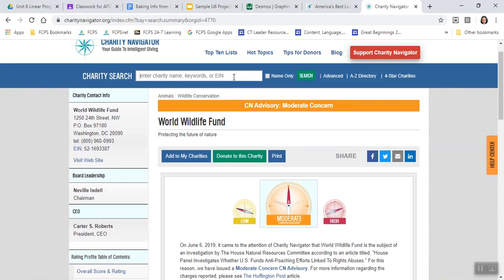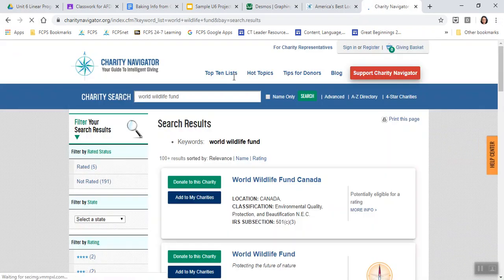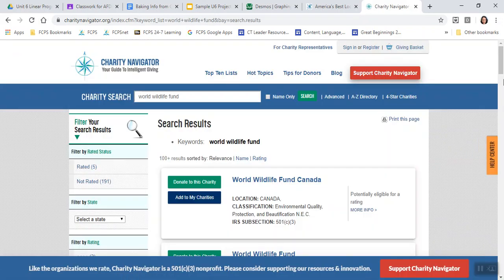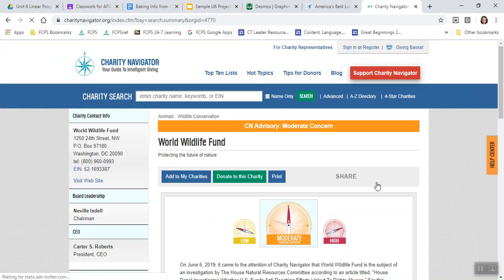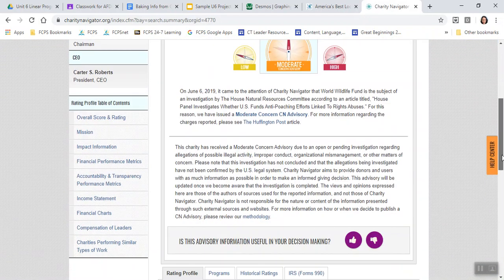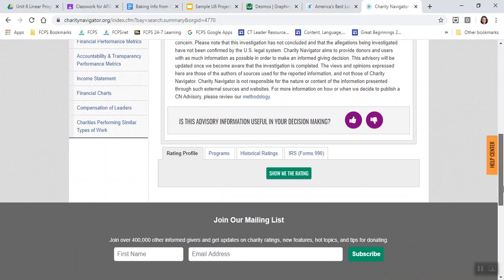So let me try that up here. World Wildlife Fund. Okay, so it gets 3 stars out of 4, so I can put that on there. And it still has this here.